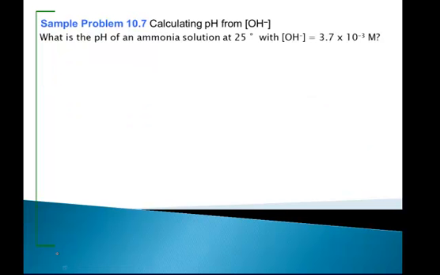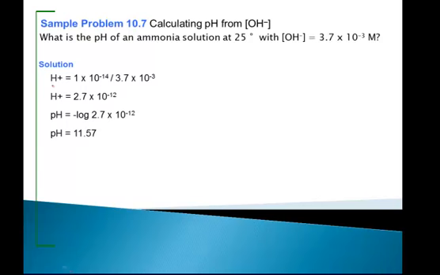In my next one, I've been given OH minus, and I want to find pH. So this is going to take both parts from the last couple slides and put them together. So the first thing is I'm going to have to find the H+. So to do that, I take that 1 times 10 to the minus 14th and divide by my OH minus, because I'm using that equation from 2 slides ago, which was H plus times OH minus is the 1 times 10 to the minus 14th.